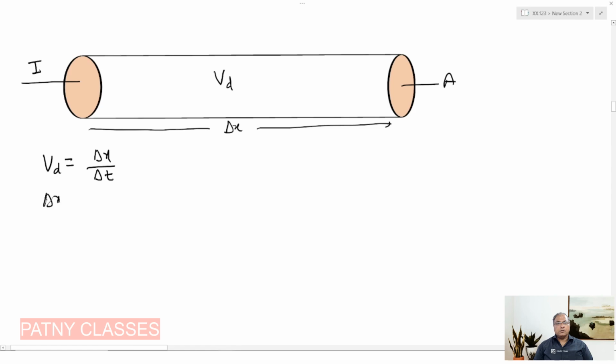So we had delta x equals Vd into delta t.